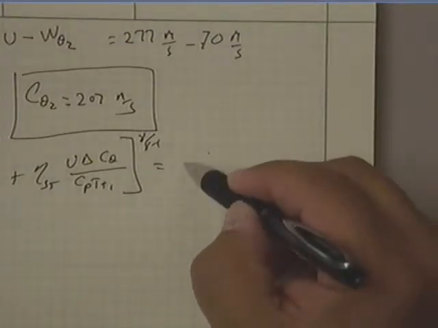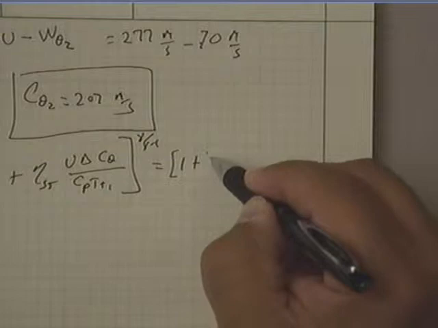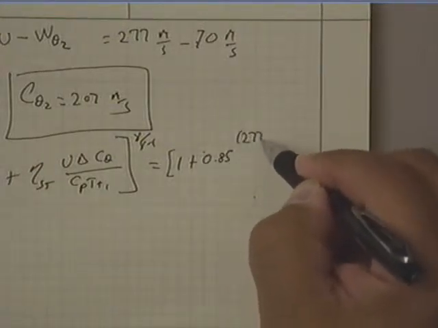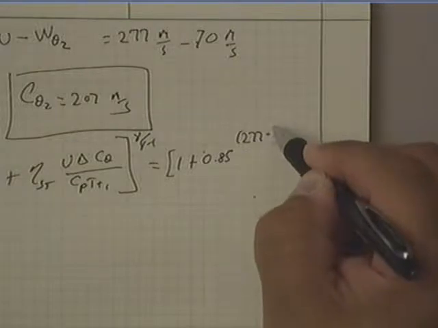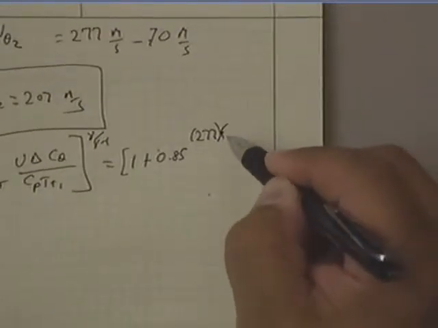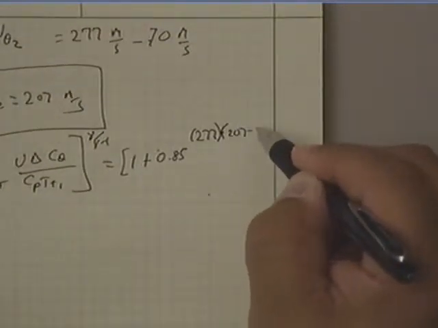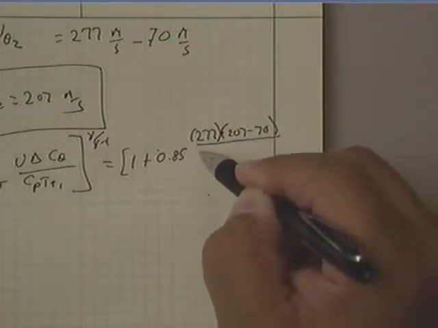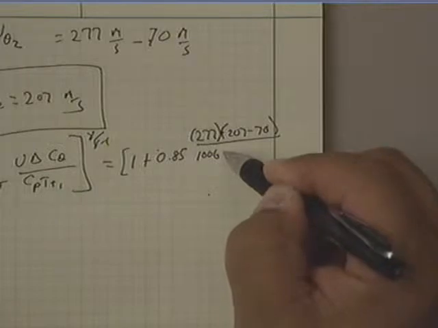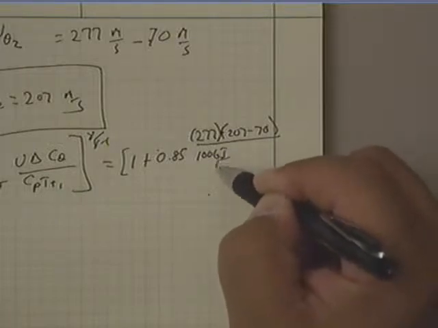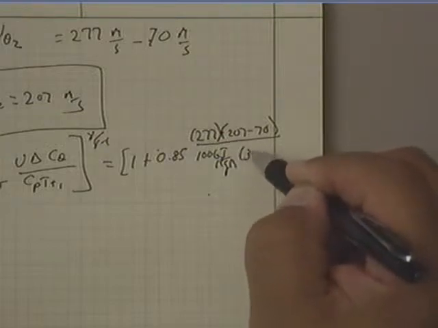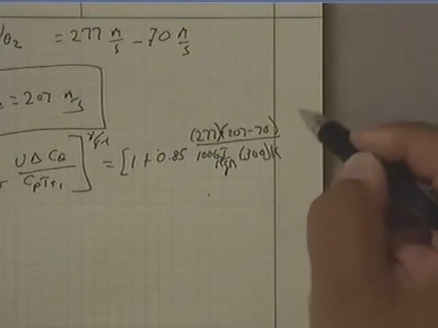When you plug this in, you get 1 plus 0.85 times 277 times 207 minus 70, over 1006, if you recall our value for CP in SI units, and 300 K we were given.